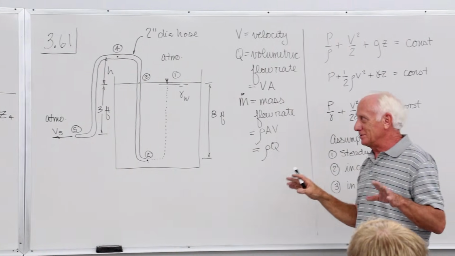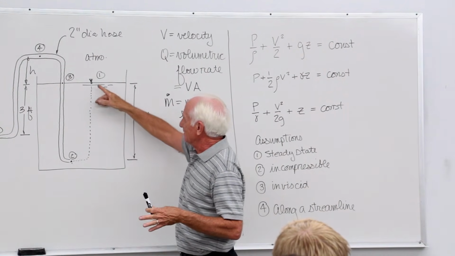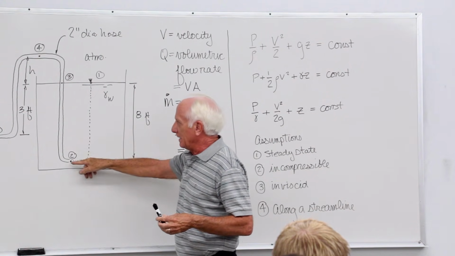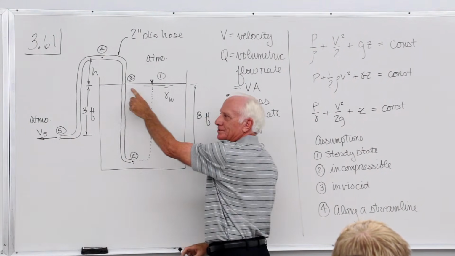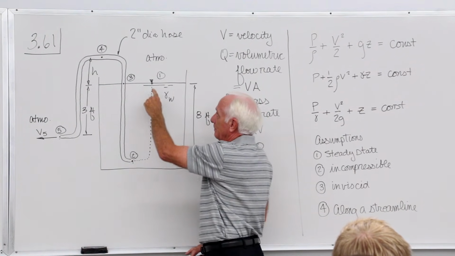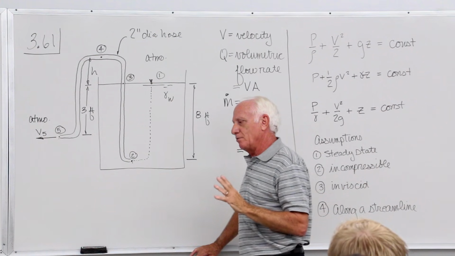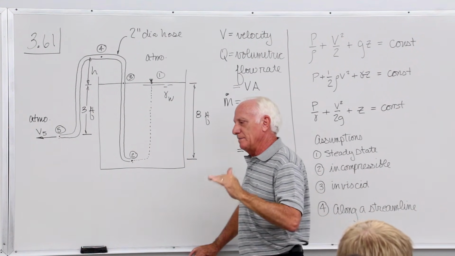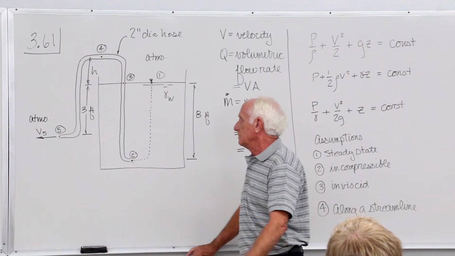Anyway, that's a sidelight, but just so you know, we've taken all these various points: free surface, inlet to pipe, exit of pipe, same elevation. Why is the pressure different here? It is, of course, because this is on the free surface and this is inside the pipe. That's what that point 3 is meant to show you. They have the same elevation, but the pressures in those two are different.